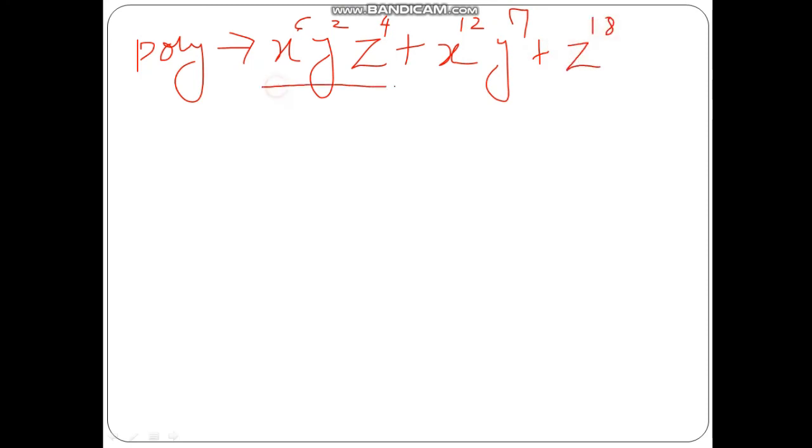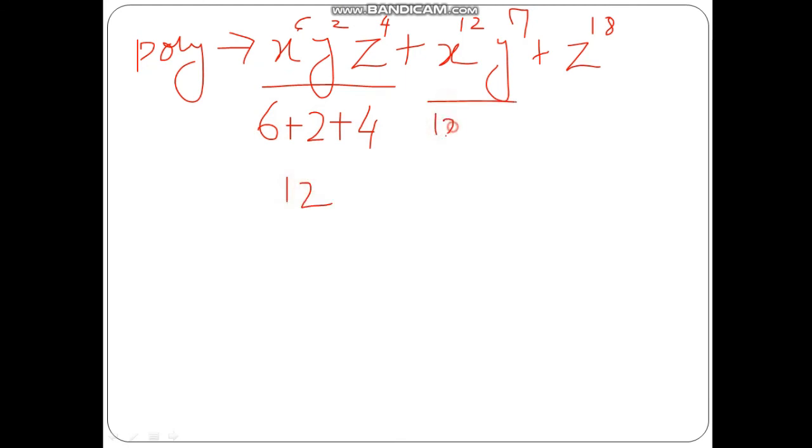So in the first term, as I told you, first of all we are going to take the first term and add all the powers. Here x has power 6, y has 2 and z has 4. So first of all we are going to add up all the exponents of the variables.